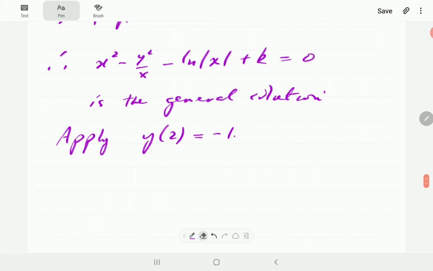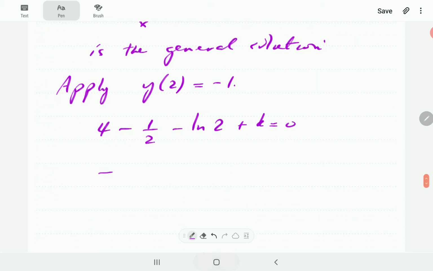So plug x is 2 here, going to give us 4, y squared is 1 over 2, which is x, minus ln of 2 plus k equal to 0. So this is telling us that k is equal to ln 2 minus 3.5, which is 7 over 2.